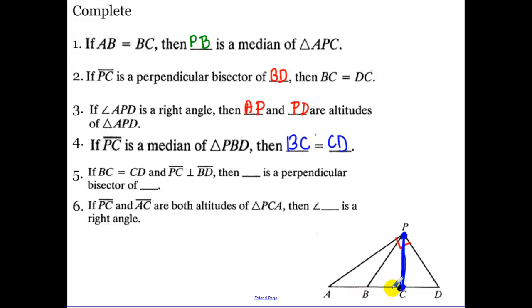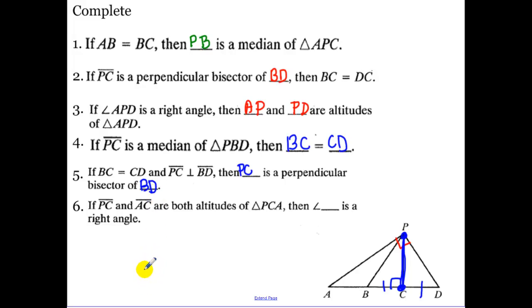So if PC was equal to CD and PC is perpendicular to BD, then, okay, what is the perpendicular bisector of what? What line intersects at the midpoint? PC intersects the midpoint of BD, so PC is the perpendicular bisector of BD.